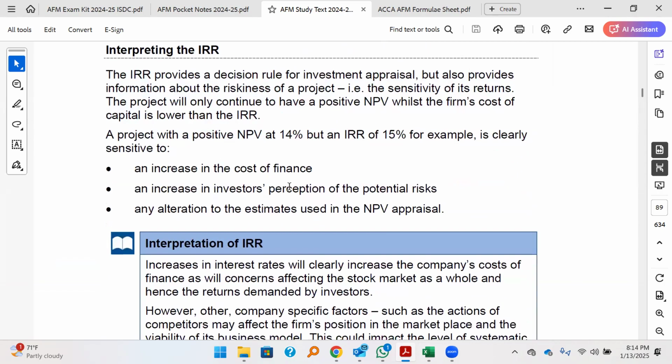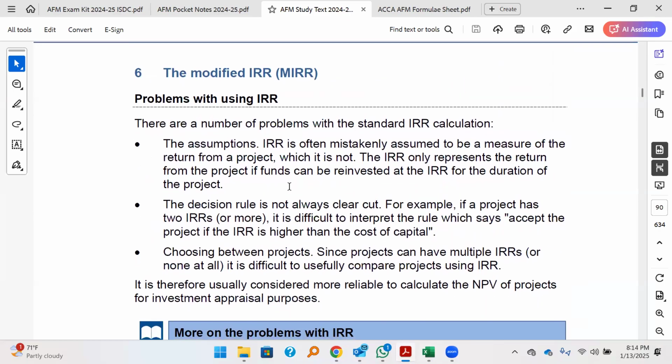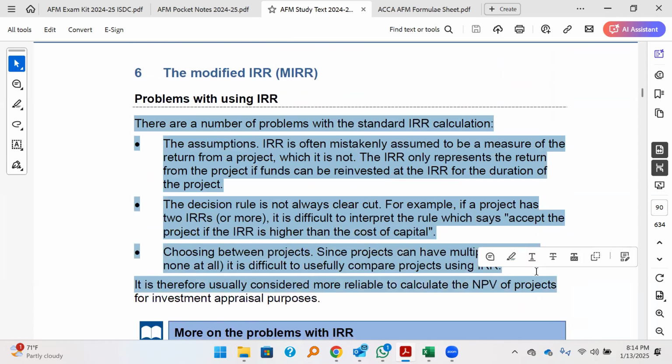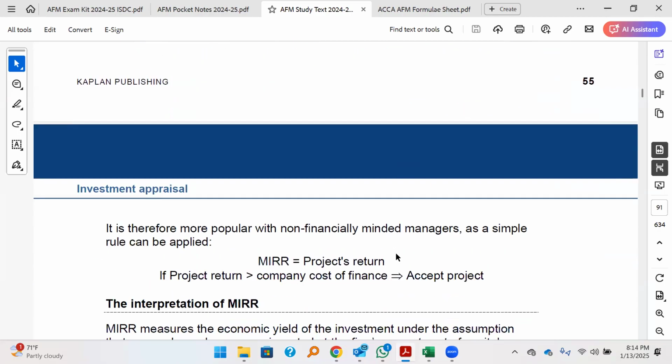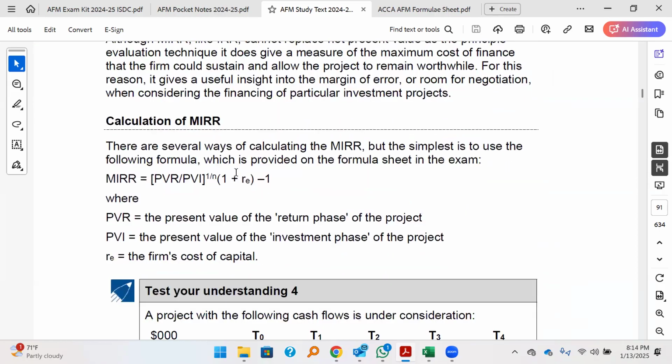How do you interpret it? All these things that we know from before. And then they give you why sometimes it is not trustworthy, and therefore why they use MIRR. Okay. So this one is given to you in the formula sheet.